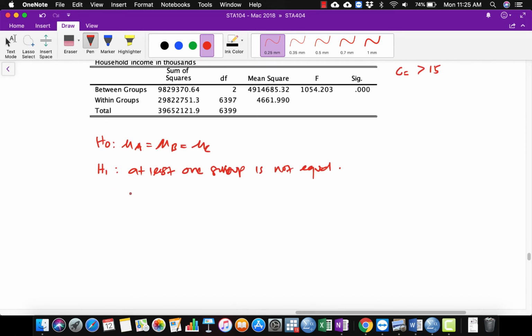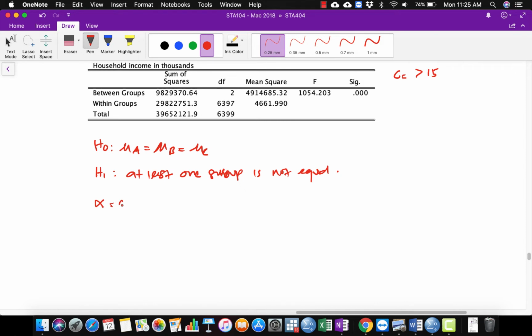Our alpha is 0.05, and the p-value is less than 0.001.